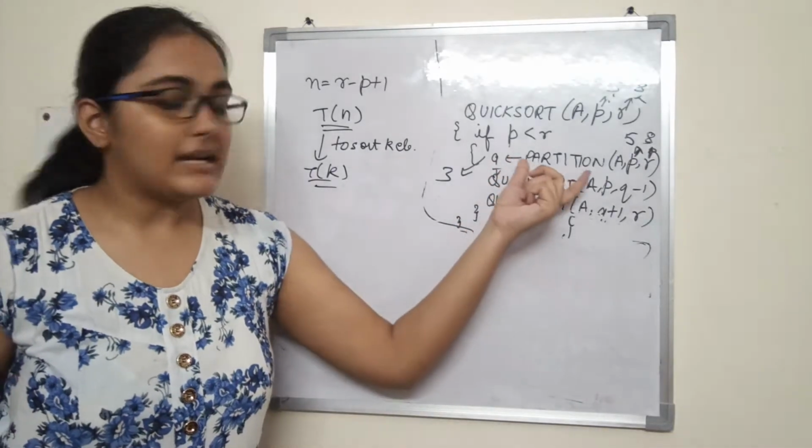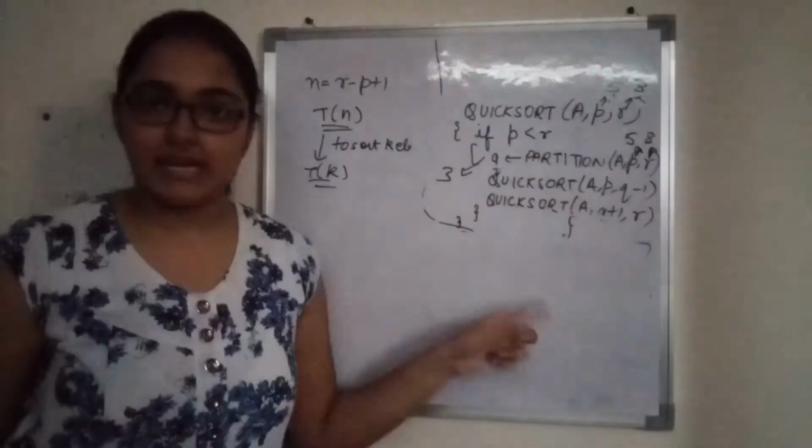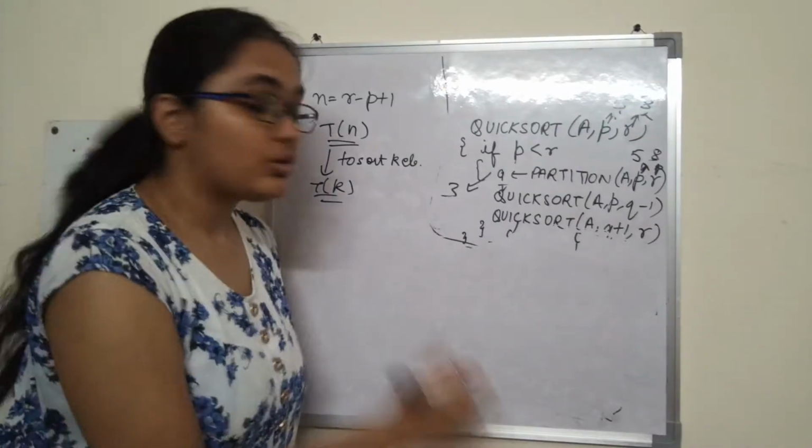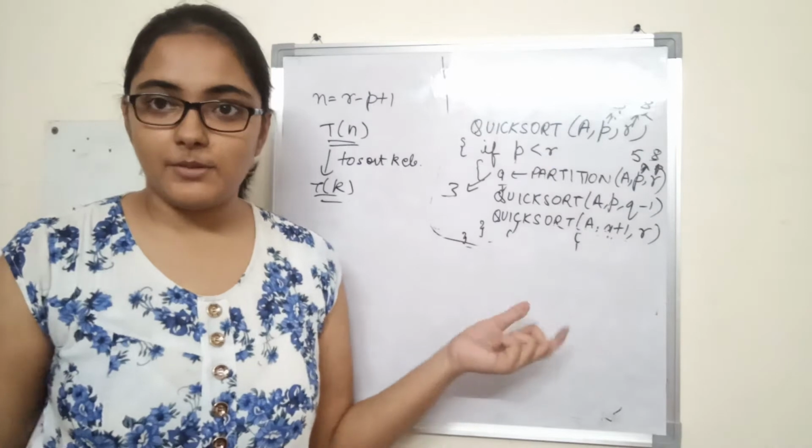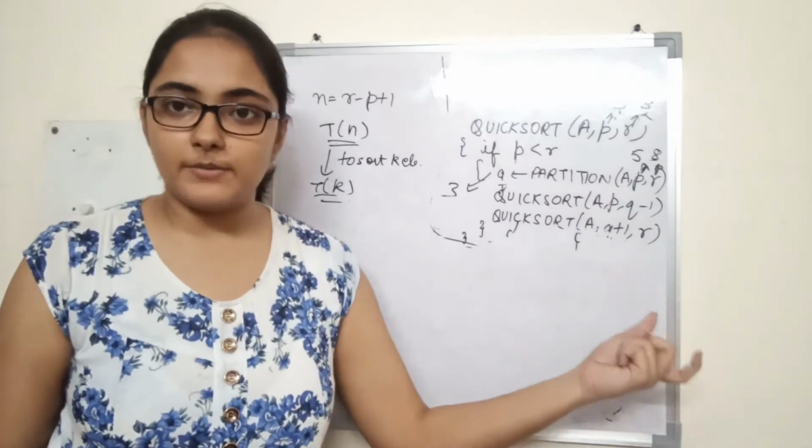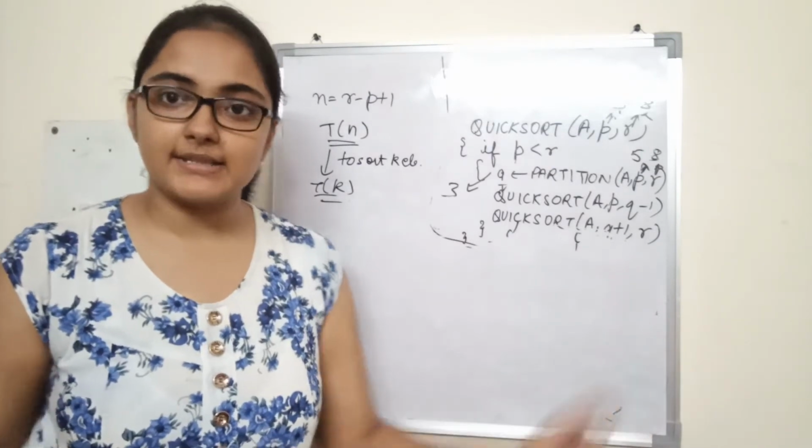Let us say that the partition function divides the array into two subproblems such that one subproblem is of size k and the other is of size n minus k minus 1.